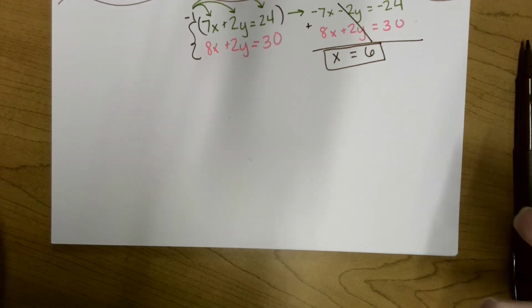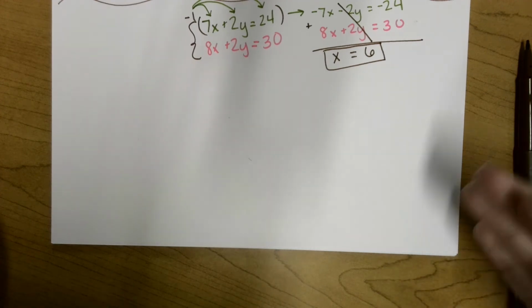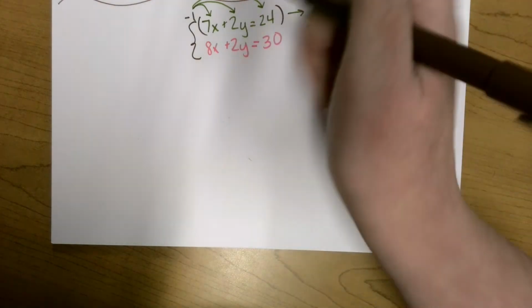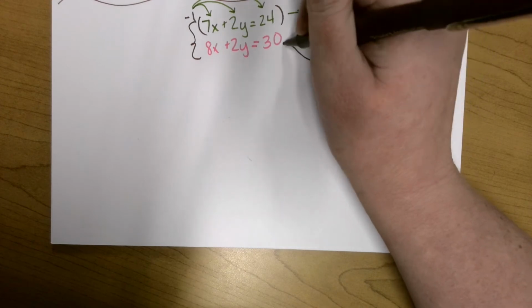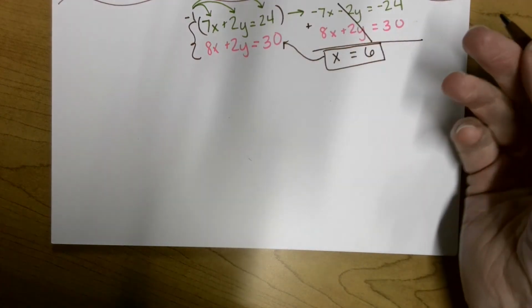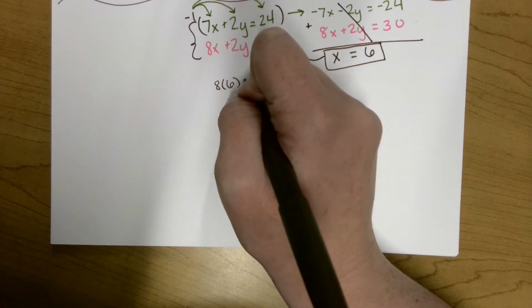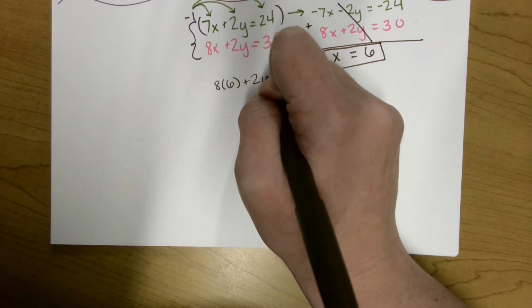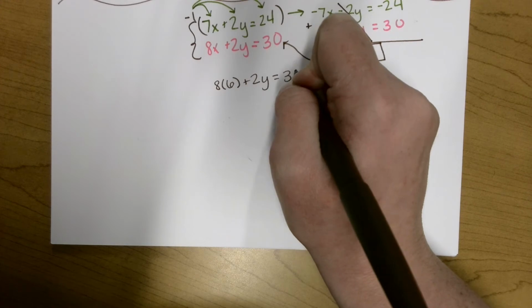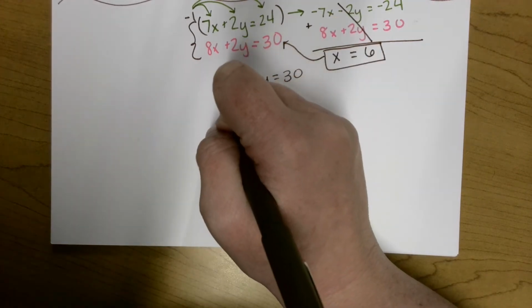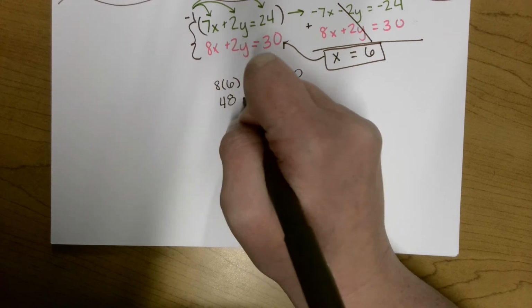So now I need to figure out y. Again, it doesn't matter which one you plug it into. Let's plug it into the pink one just because. So I have 8 times x, but x is 6, plus 2y equals 30. All right, so 8 times 6 is 48.